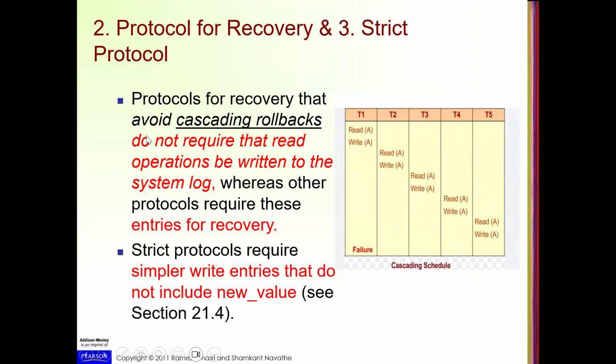Protocols for recovery that avoid cascading rollbacks do not require that read operations be written to the system log, whereas other protocols require these entries for recovery. So with cascading rollback avoidance, if the transaction is reading, then we do not write the details about what it read, because reading is not making any change. Now let us see what the strict protocol does. The strict protocols require simpler write entries that do not include new values.